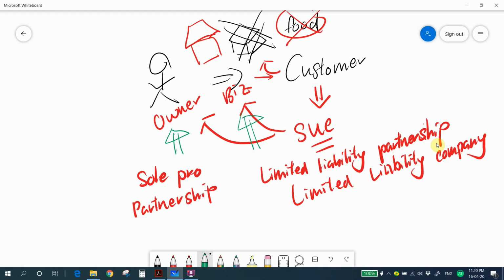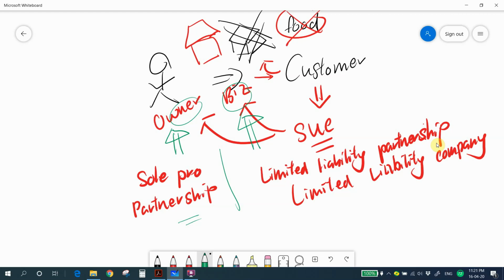So this is the concept of separate legal entity. Either they sue the owner or they sue the business. If you are a sole proprietor or partnership, when your customer wants to sue you, they will sue the owner directly, because sole proprietorship and partnership are not a separate legal entity.